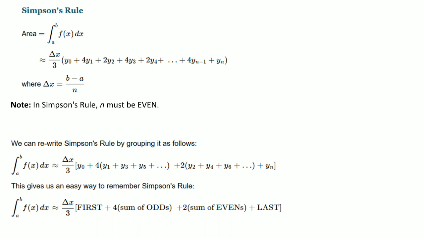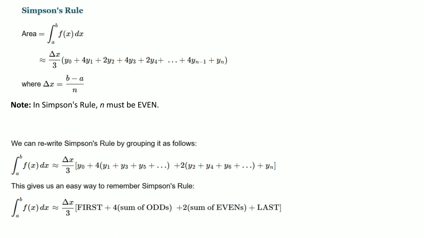The simpler way you can see below: delta x by 3 times the first term plus 4 into the sum of all odd terms, that is y1, y3, y5, y7 and so on, plus 2 into the sum of all even terms, that is y2, y4, y6 and so on, plus the last term. So this is the formula for Simpson's 1/3 rule.